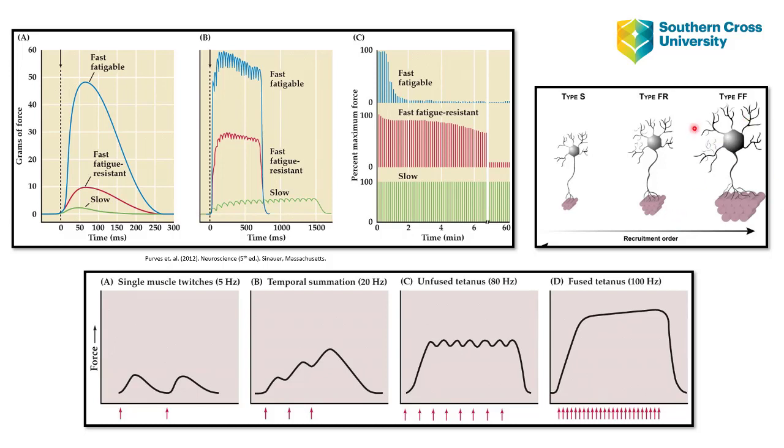We've recruited all muscle, and we've only reached that 80, 85% of maximum. So how do we reach the 100%? Well, we increase firing frequency, and we get this fused tetanus that allows us to then get that last 20, 15, 10% out of the muscle.